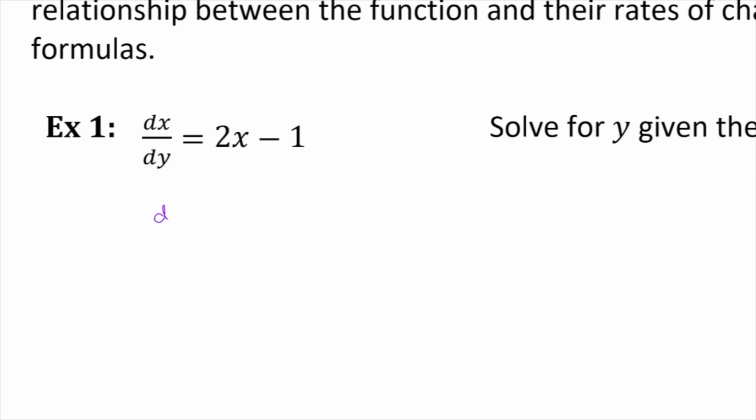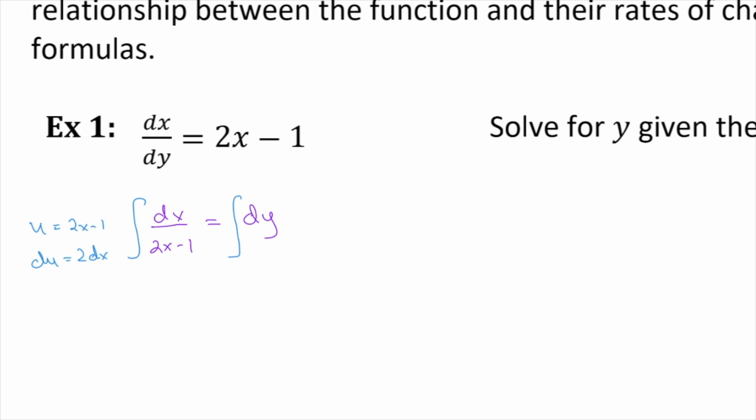We will have dx divided by the 2x minus 1 is equal to dy. Integrate both sides of this equation, which leaves us with a natural log on the left side. But notice, if we let u equal 2x minus 1, du is going to be equal to 2 dx.